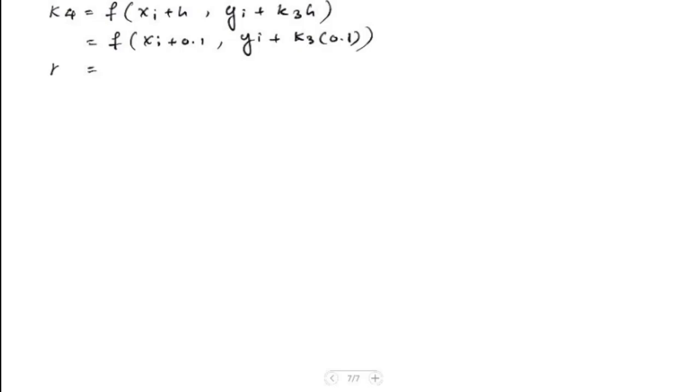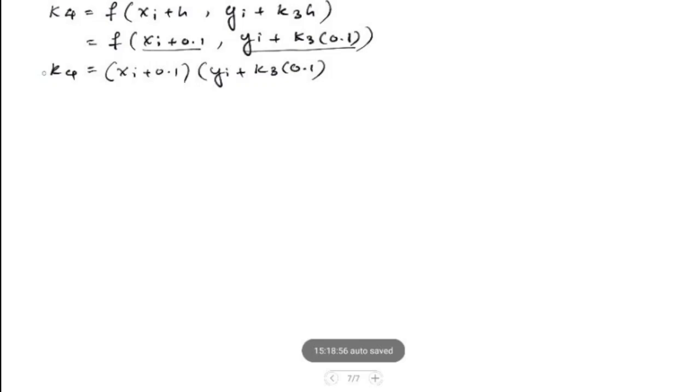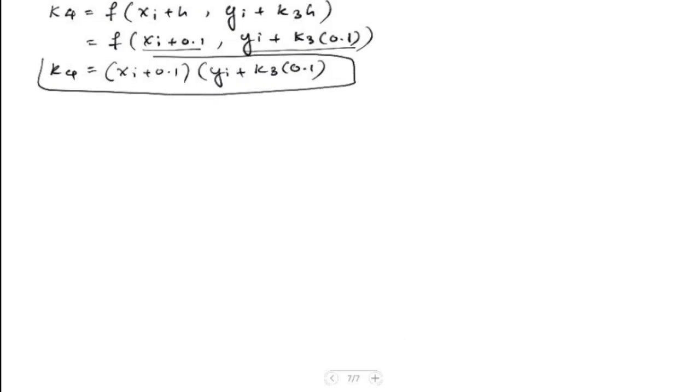So k4 is the function at the point xi plus 0.1 and yi plus k3 times 0.1. So the function is x times y, so we'll take this here as the x and this here as the y. So x is xi plus 0.1 times y, which is yi plus k3 times 0.1. So that will be the formula we'll take for k4.